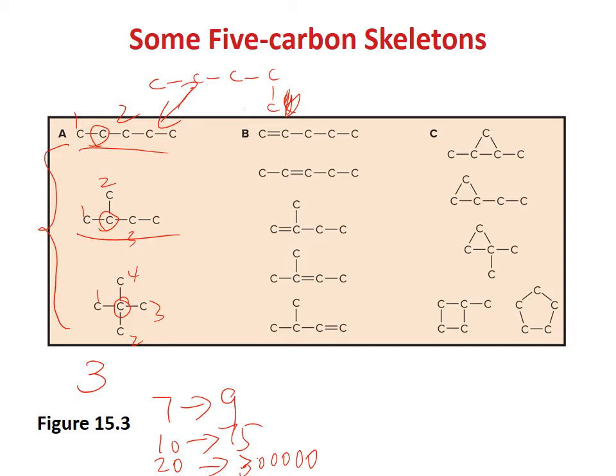Now if we add a double bond, that will increase the number of arrangements even more. For example, the double bond can be here or here, or you arrange the carbons differently with the double bond at different locations. And if a molecule contains rings, that will increase the number of arrangements even more.